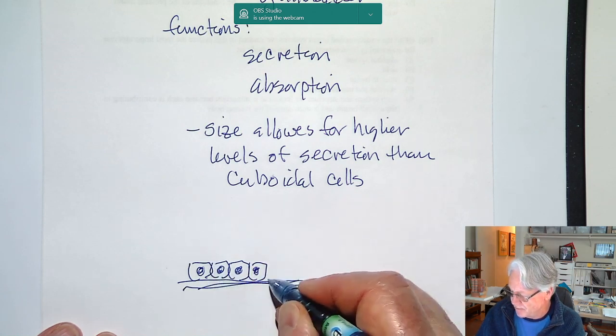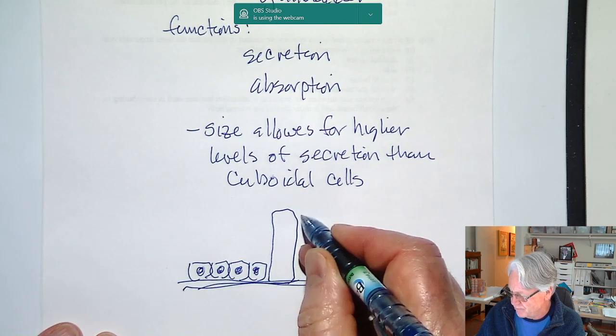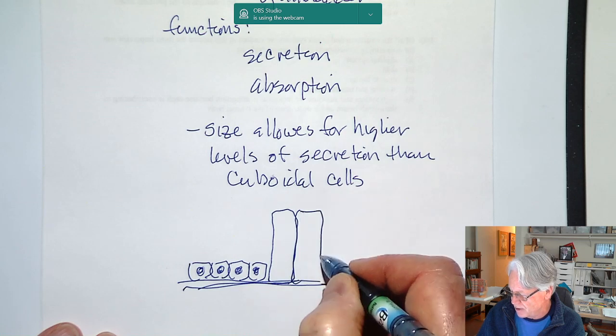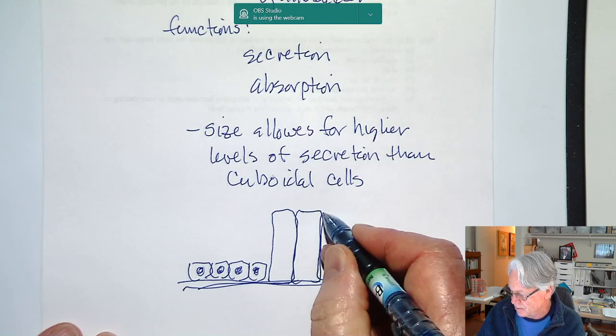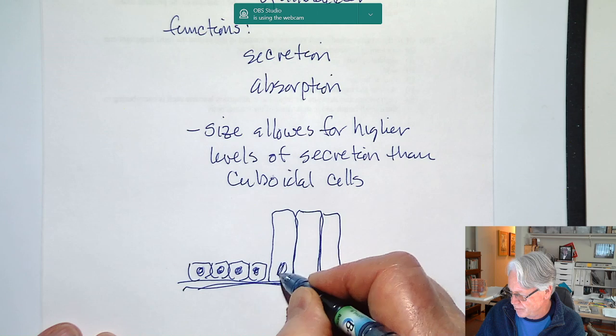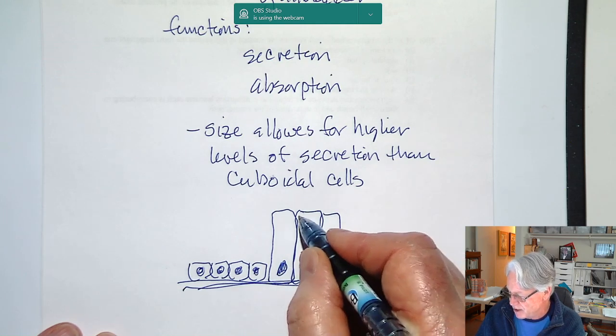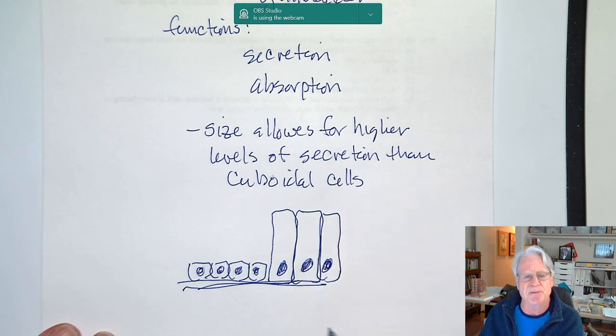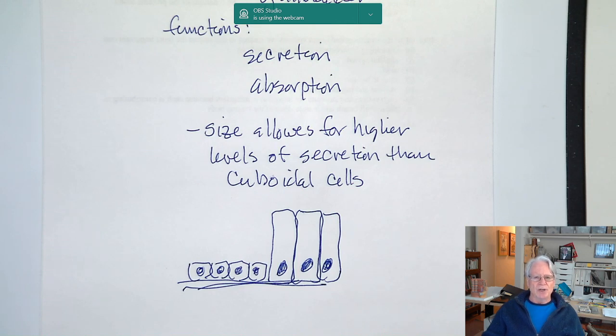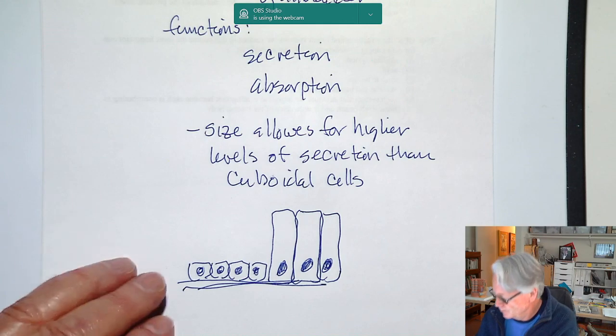On the other hand, if I put a columnar cell there, I not only get the advantage of more production space, but I have this longer common border between cells in which I can form that tight fit between them and therefore control the movement of substance across that epithelial layer much more efficiently than if I had a cuboidal shaped cell. Right?